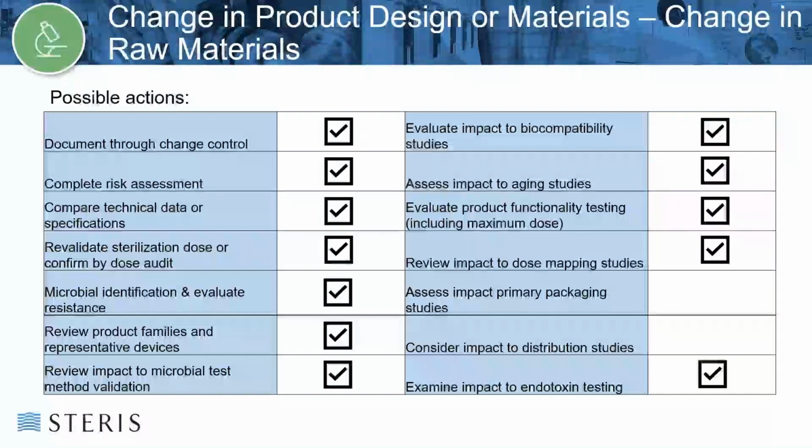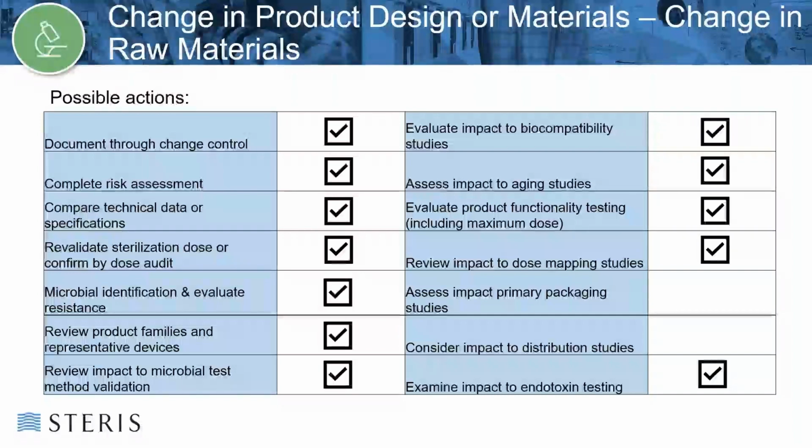Performing microbial identification on the bioburden plates to understand organism types and to determine if resistant organisms are present, and compare those with historical data. Assessing the appropriateness of product for inclusion in the product family or as a representative device.